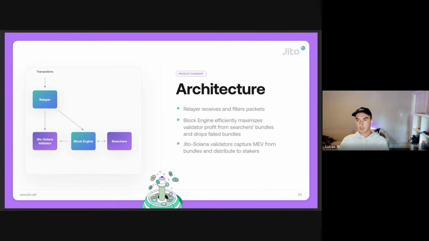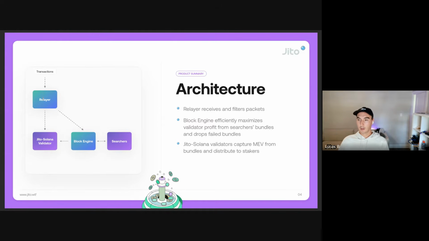So what happens is the transactions go to the relayer. The relayer has essentially the same code that the validator has in the TPU, the transaction processing unit. It has a QUIC server running in there. It has signature verification. It will deduplicate packets and transactions.